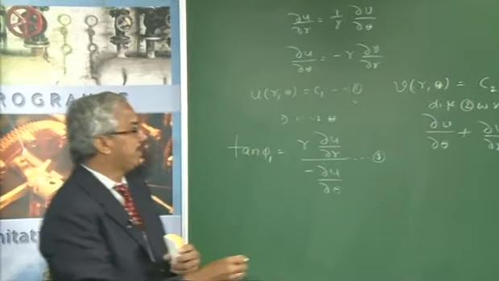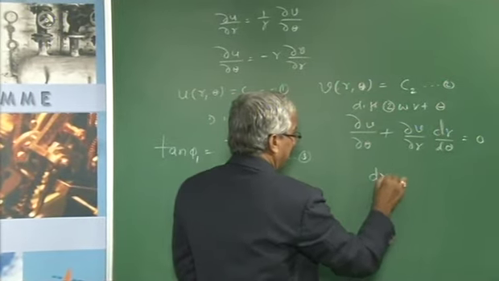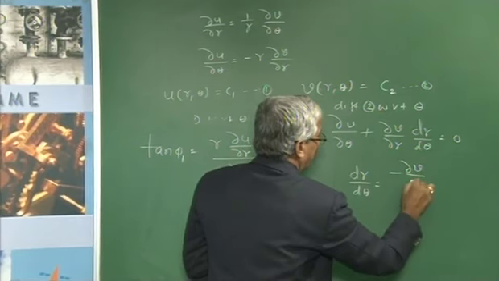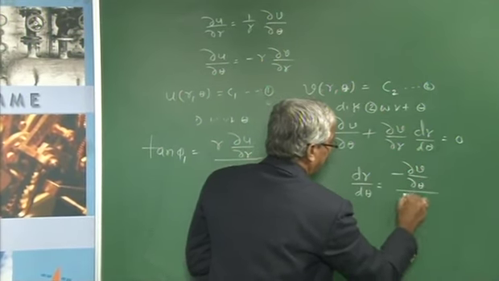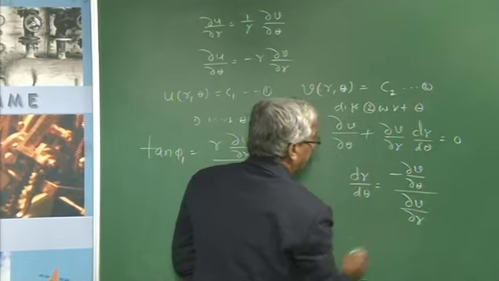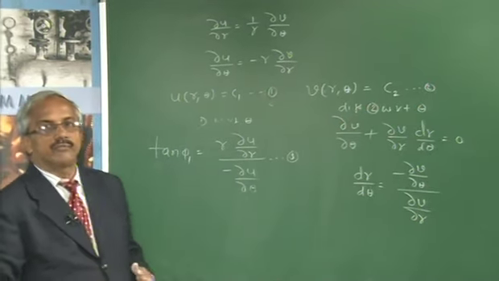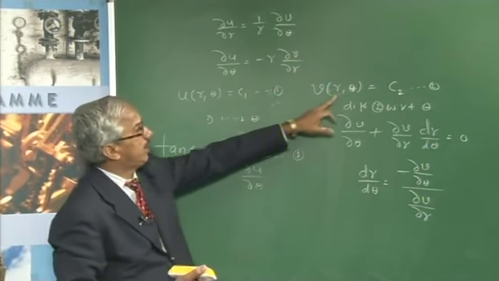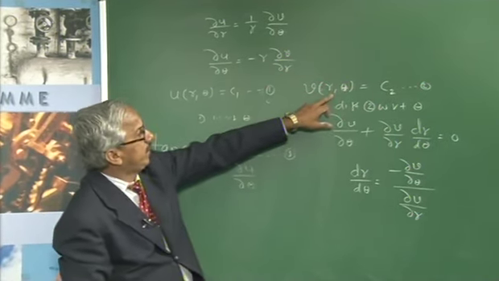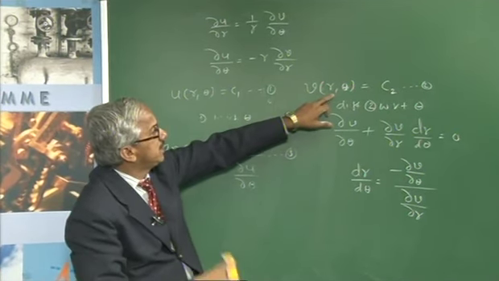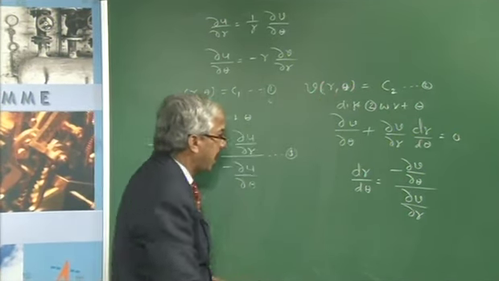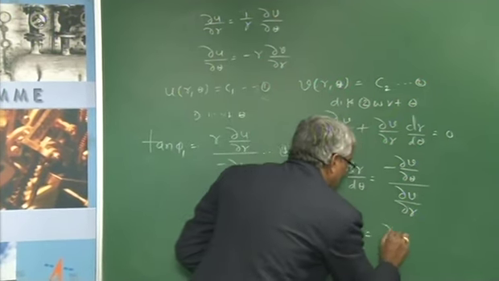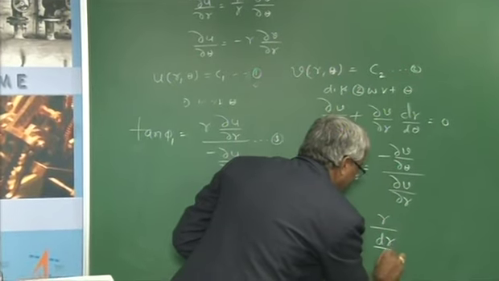So here dr by d theta is equal to minus dou v by dou theta divided by dou v by dou r. Now that we know dr by d theta, we can find tan phi 2, where phi 2 is the angle between the radius and the tangent to curve 2. Tan phi 2 is equal to r divided by dr by d theta.